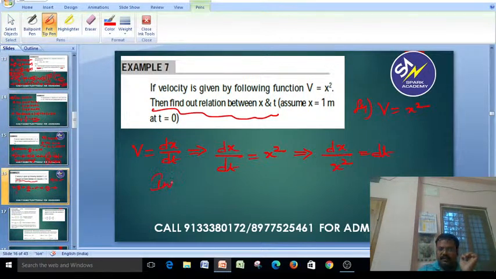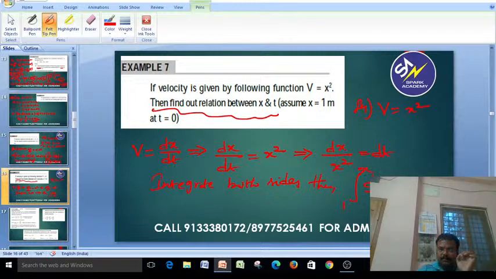Integrating both sides, the integration of dx divided by x square is from 1 meter to x.